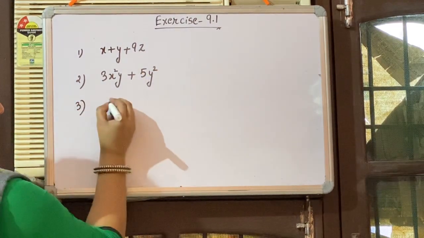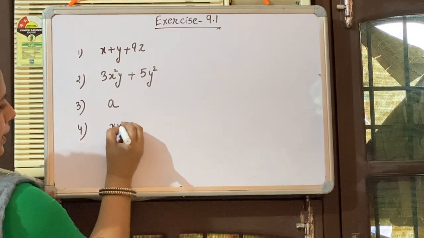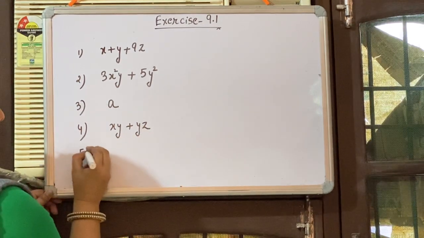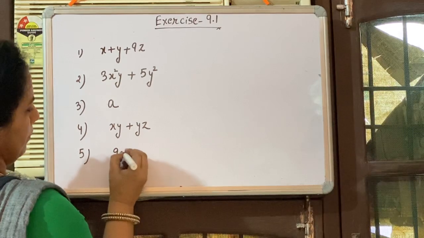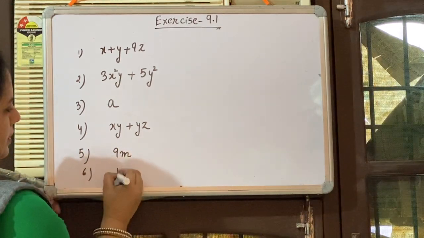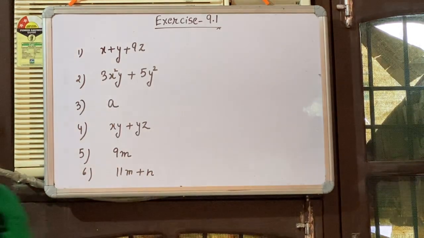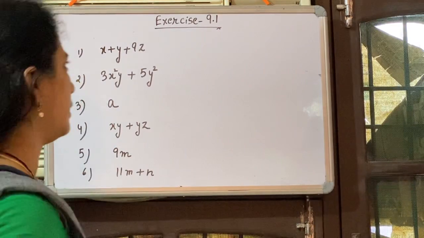Third is just a single a. Fourth is xy plus yz. Fifth is 9m. Sixth is 11m plus n. Classify these algebraic expressions into monomial, binomial and trinomial.